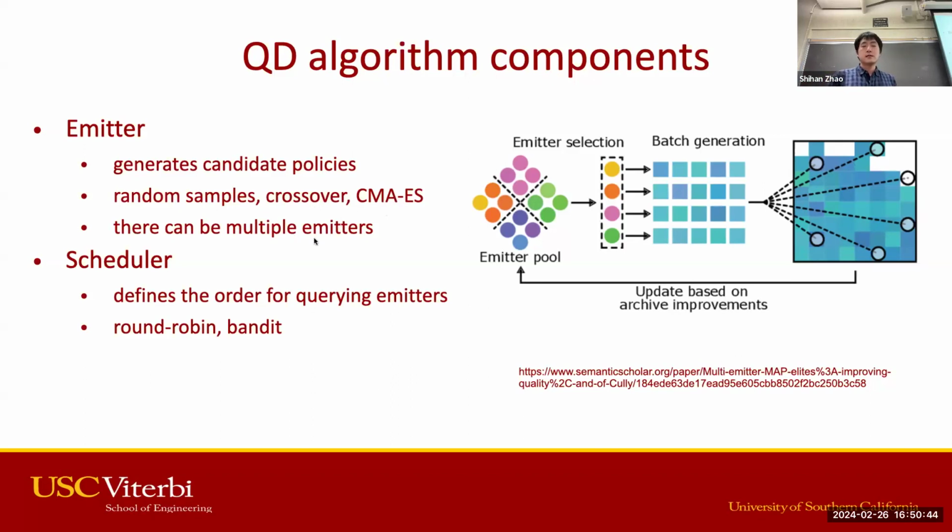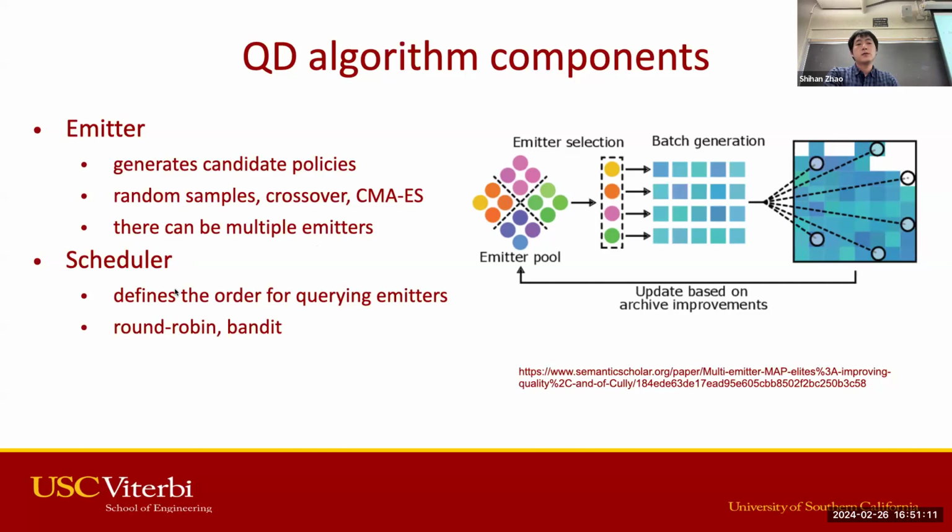Some of those emitters that we use to generate solutions might be good at generating diverse solutions, which means discovering new cells. Some of them might be better at improving existing cells. Maybe they already have a solution within the cell, and it's good at making this solution policy better. So we can have multiple such emitters to leverage the advantages of all of them. Which brings me to the third component of the QD algorithm, the scheduler.